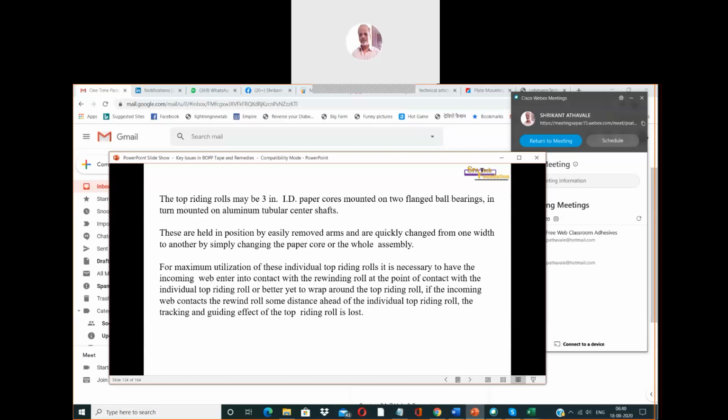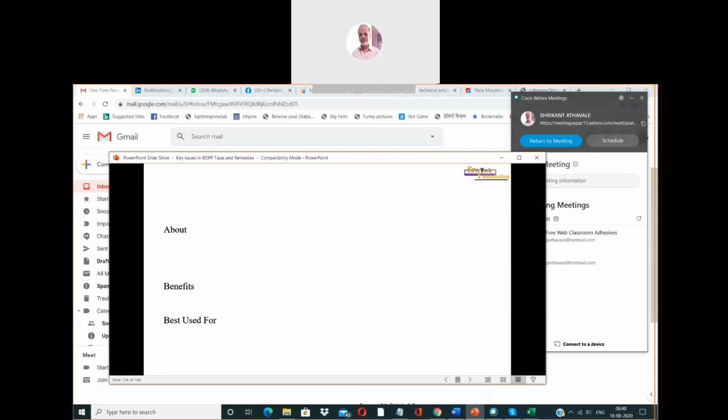If the incoming web contacts the rewind roll some distance ahead of the individual top riding roll, the tracking and guiding effect of the top riding roll is lost. So it should not get in contact prior to the contact at the top riding roll position. Once this has occurred, it is extremely difficult, if not impossible, to force the air out.